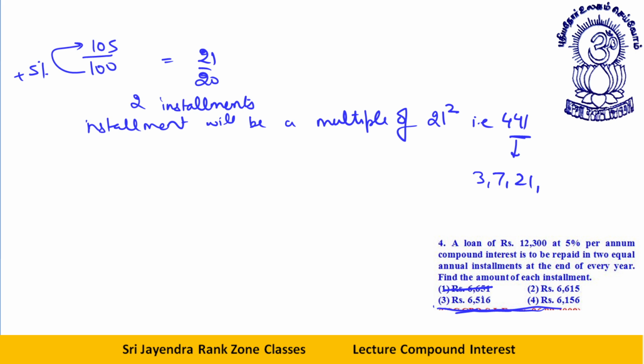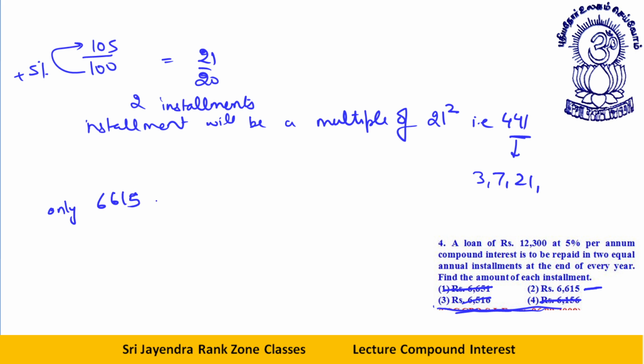Let's look at this one: 65, 21, not divisible by 7. 61, this is divisible till 56. 55, till 49 divisible. 66 not divisible. Only this is the number which is divisible by 7.